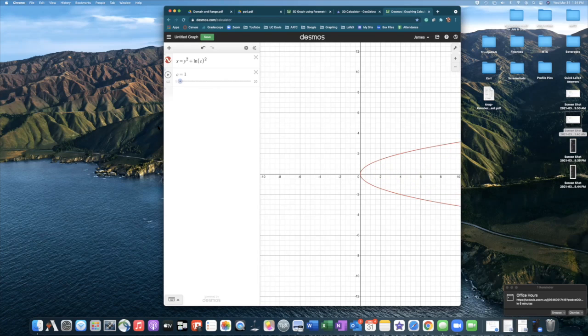And if you really wanted to, I feel like there's got to be an easier way to do this, but we could graph a whole bunch of them at once to see. Let's graph like 4 of them, and then let's just pick some different values of c.